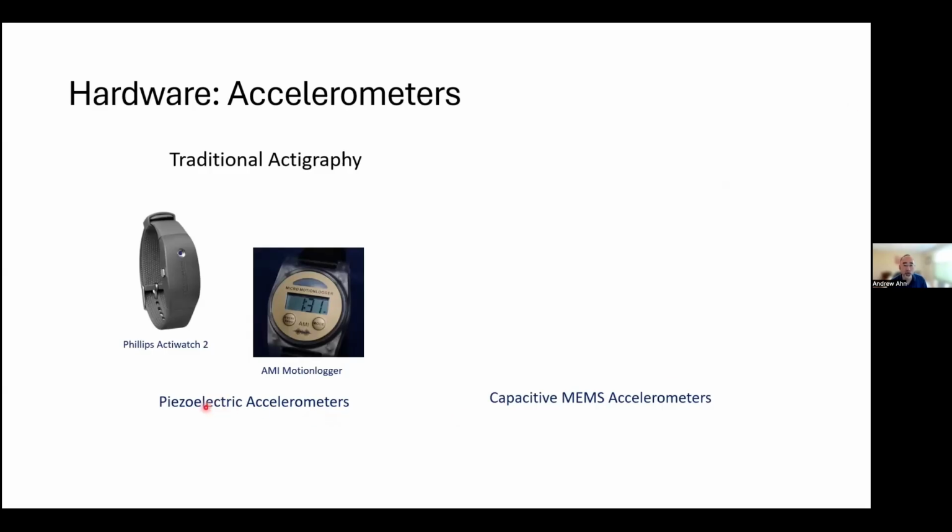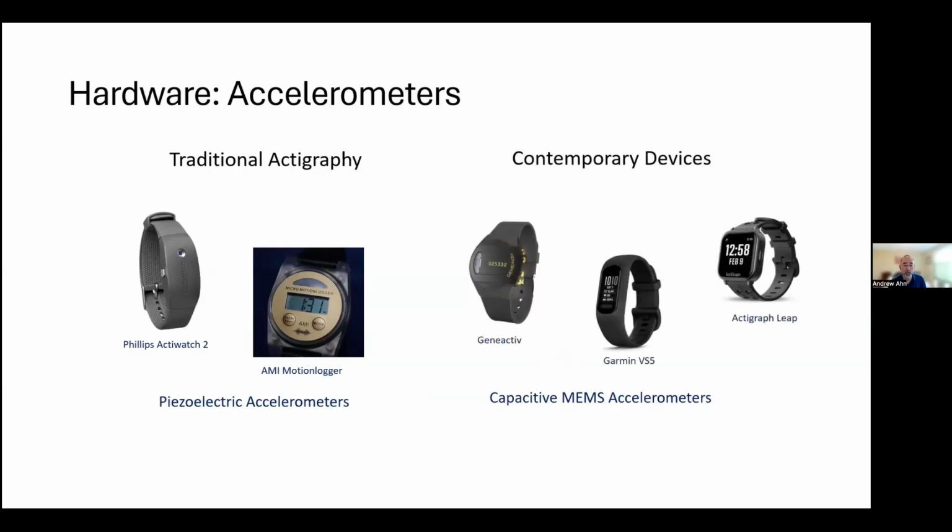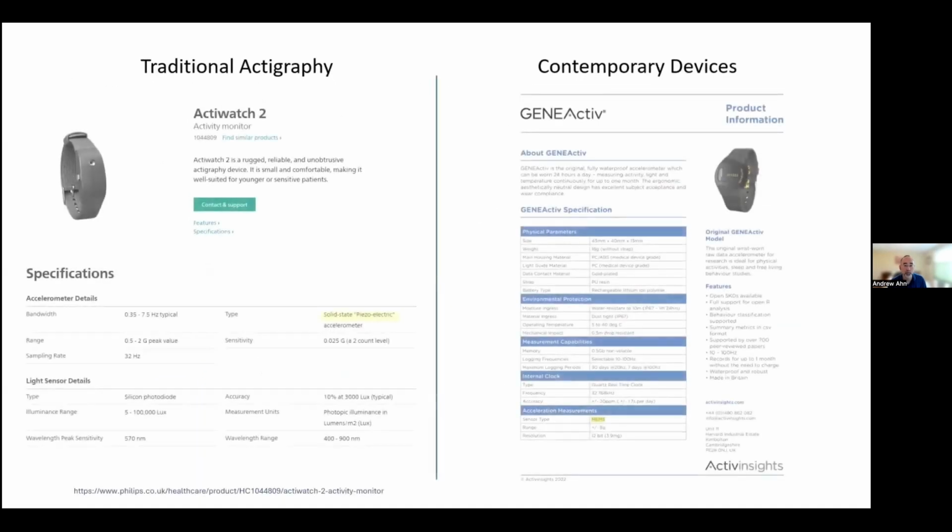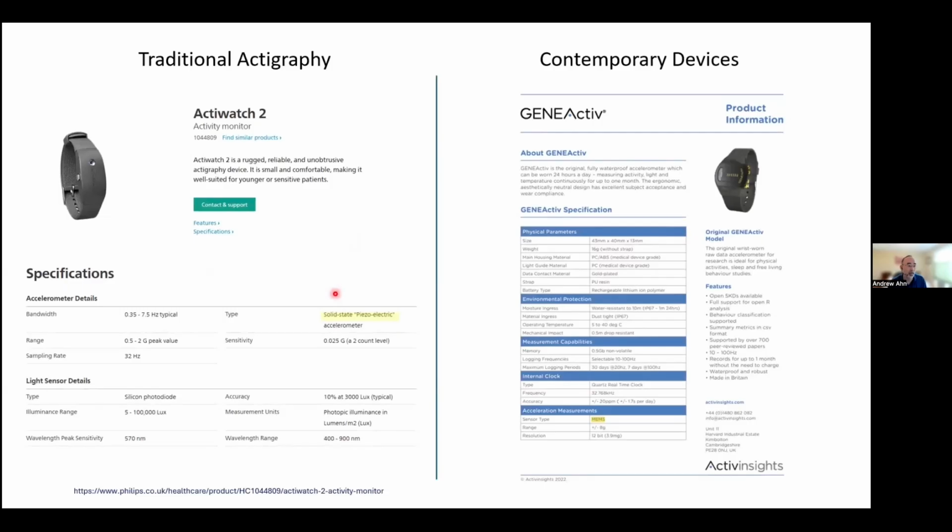So the traditional actigraphy devices, such as Philips and AMI motion loggers, both use piezoelectric accelerometers. But the newer contemporary devices, such as GENEActiv, ActiGraph Leap, and Garmin VS4 all have the capacitive MEMS accelerometers instead. And this is just proof of that to show here.